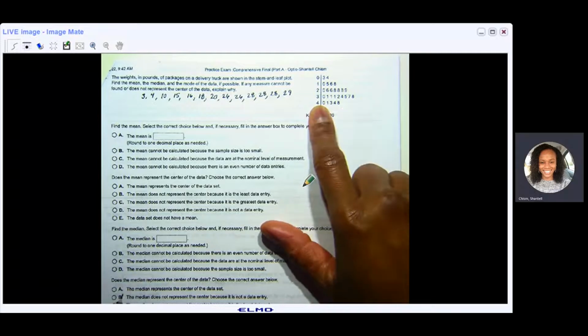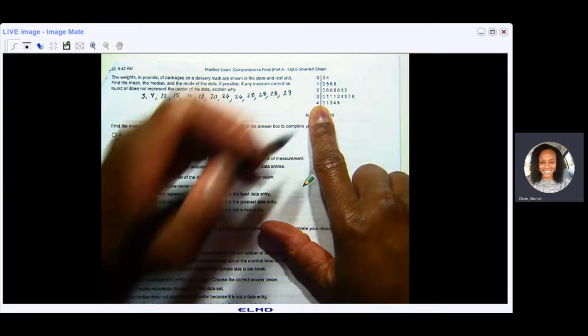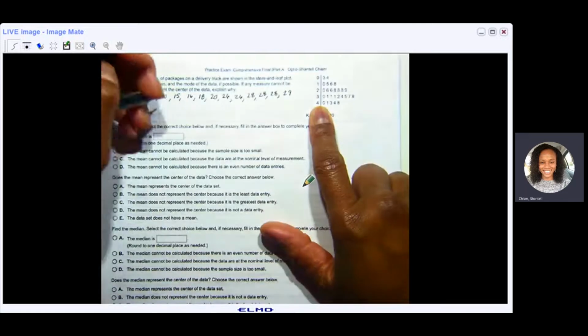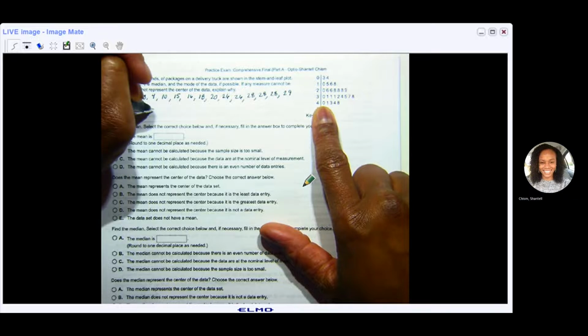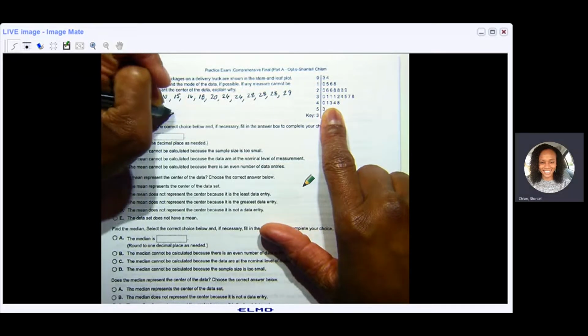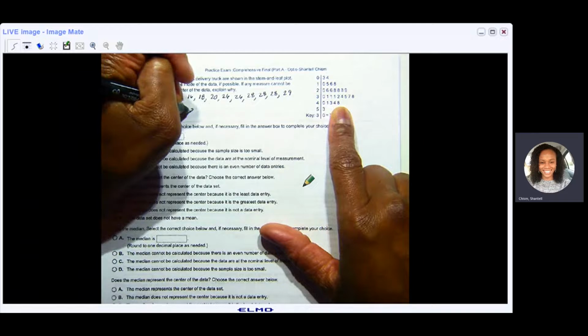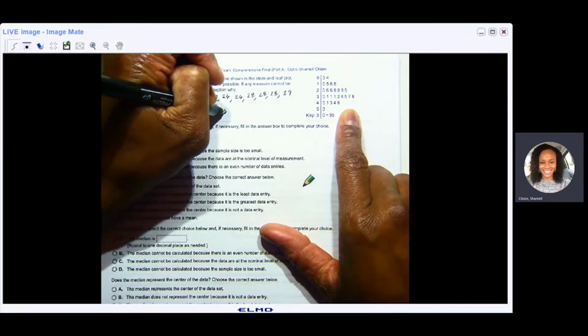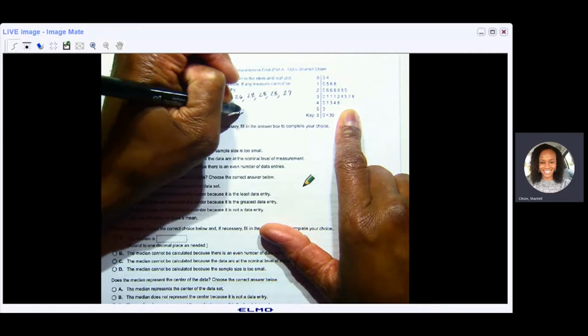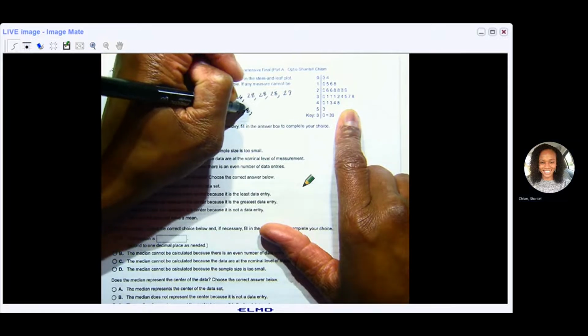Okay. Then going to the stem of 3, you've got 30, 31, 31, 31, 32, 34, 35, 37, 38.